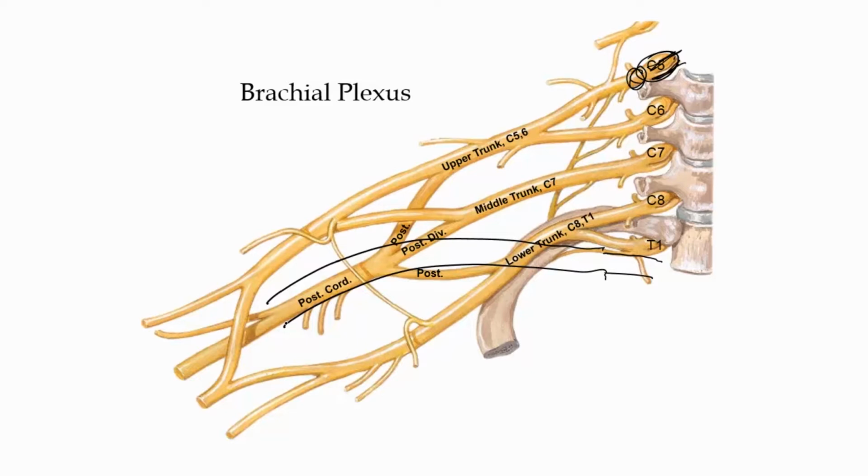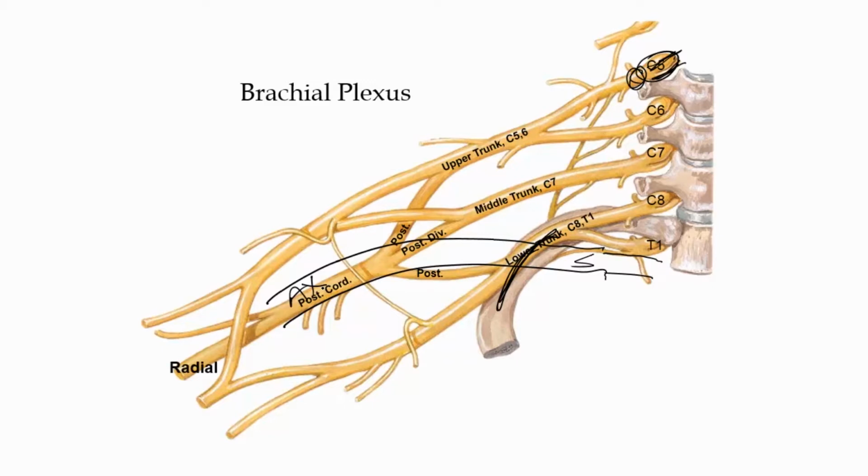So again, posterior to the subclavian artery, or actually, pardon me, it's now called the axillary artery because it has crossed over rib 1. So subclavian in this location, axillary artery once it crosses rib 1. So again, the posterior chord lies posterior to the axillary artery.